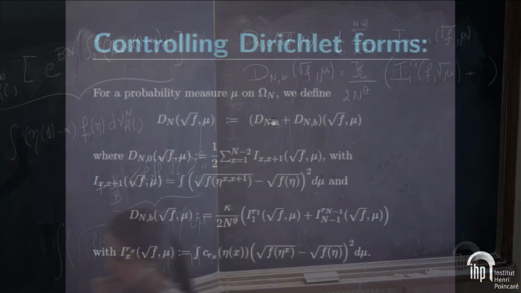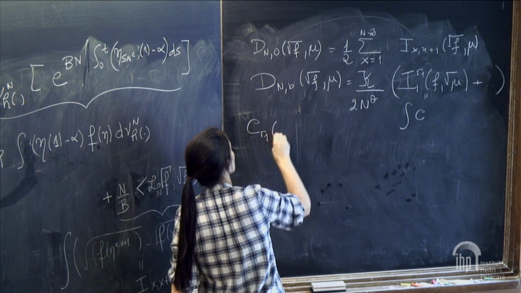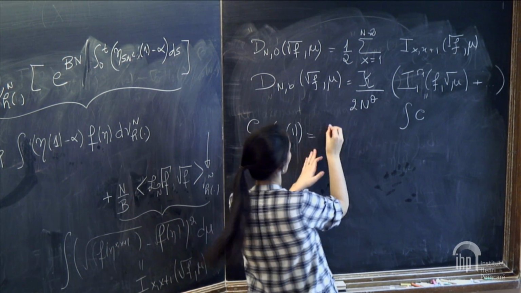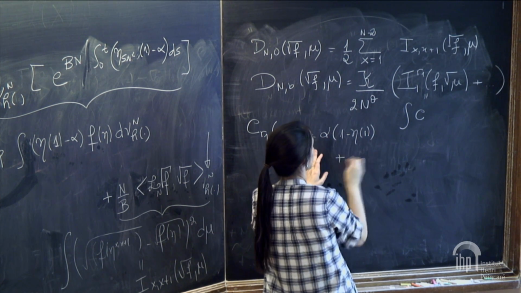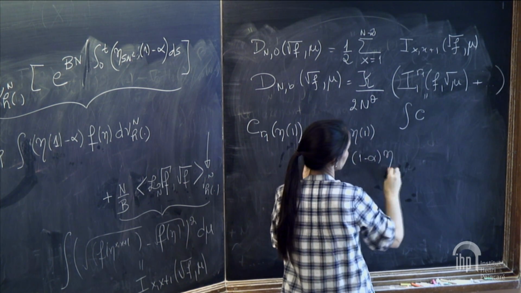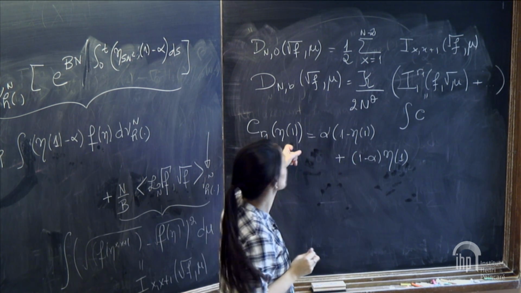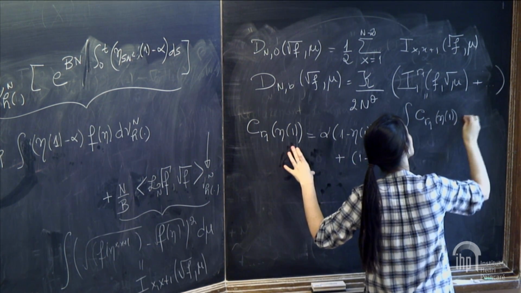And this term is this one. So this is just the integral with the rate. Remember this rate that I called CR_1(eta_1), where I get in at rate alpha if there is no particle at the site 1, and I get out at rate 1 minus alpha. This was the definition that we gave for this rate. So it is CR_1(eta_1).